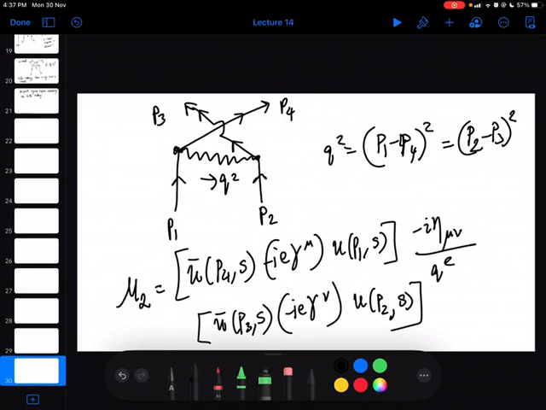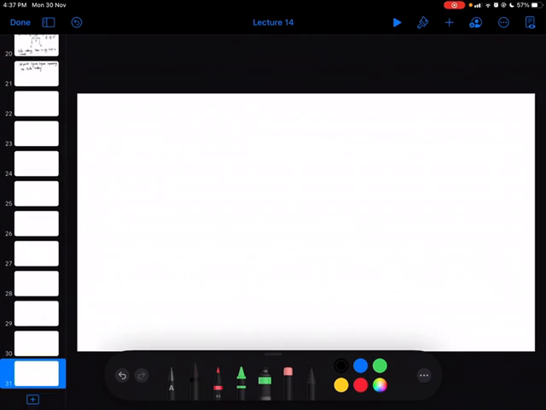So let's simplify this and just make a comparison.